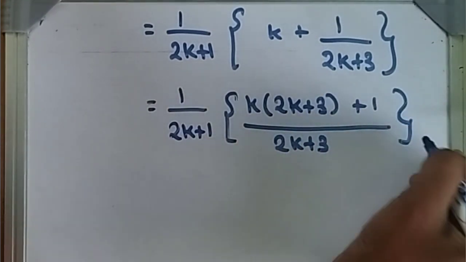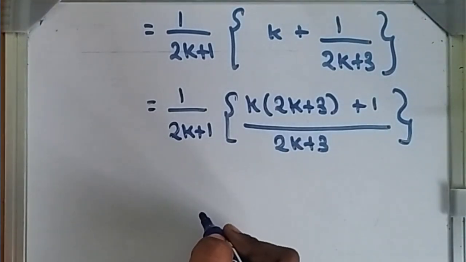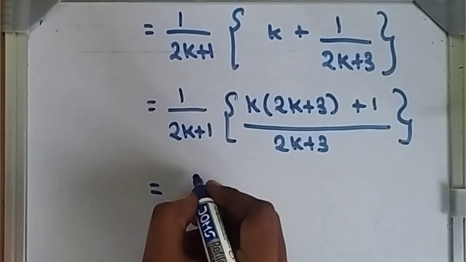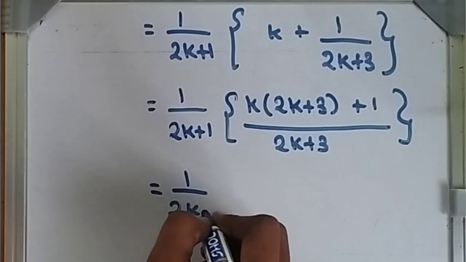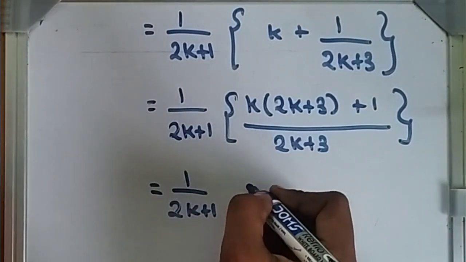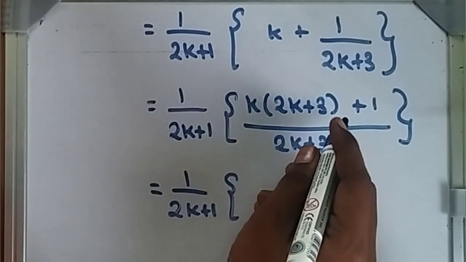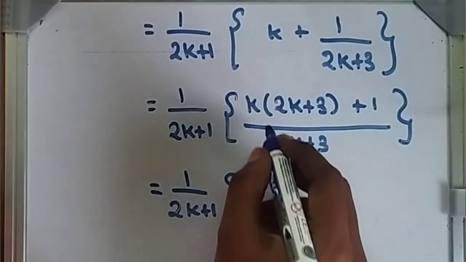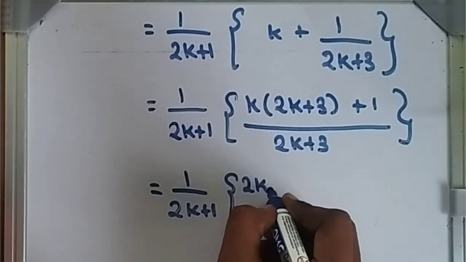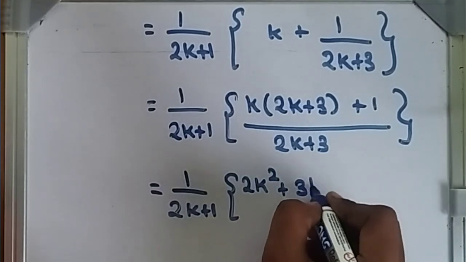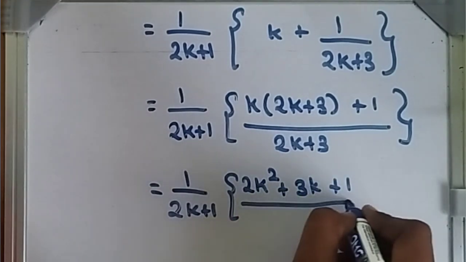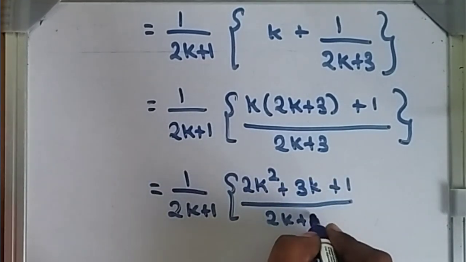Clear? So it becomes 1 divided by 2k plus 1. I am multiplying this k with the elements in the bracket, so it becomes 2k squared plus 3k plus 1 divided by 2k plus 3.